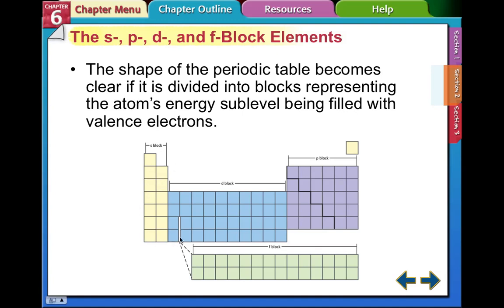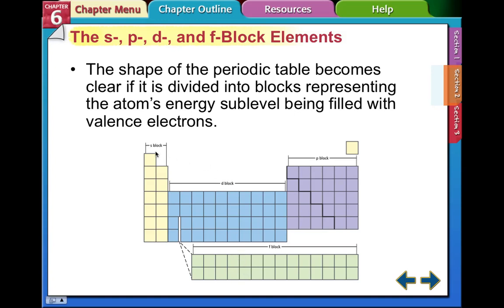Remember, groups 1 and 2 are the s orbitals. Then you're going to jump over to the p's. You're going to fill the s's, then the p's, and you can see the purple are the p's. Then you're going to be down at period 4. We're going to start filling the d's. Then we're going to fill the f's.